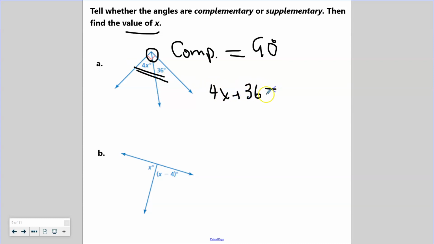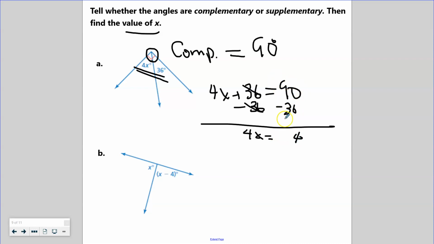plus 36 equals 90. I'm going to subtract off 36 from both sides. And I have 4x equals 90 minus 36, which is 54. So then I'll divide by 4. x equals, what is that, 16?